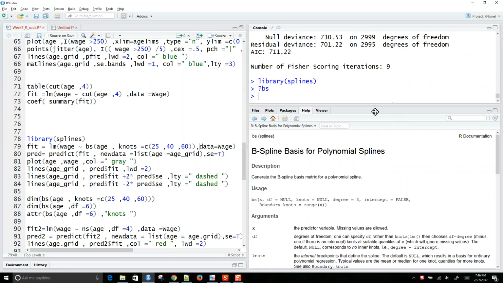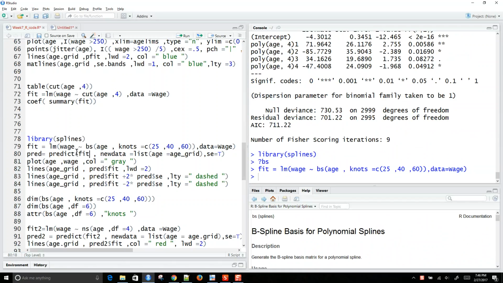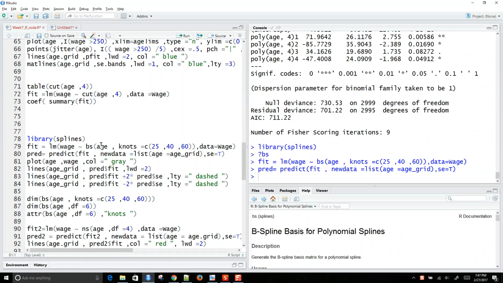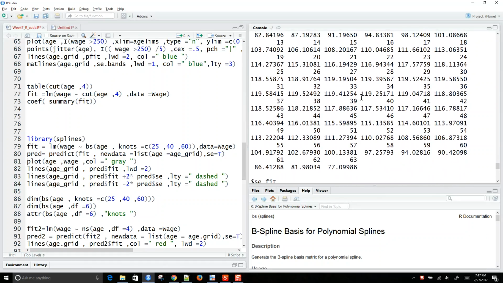We'll create our predictions. These are the predictions for all of these different ages again. Let me create our plot here and make this bigger. This is what we have after fitting our basis splines.